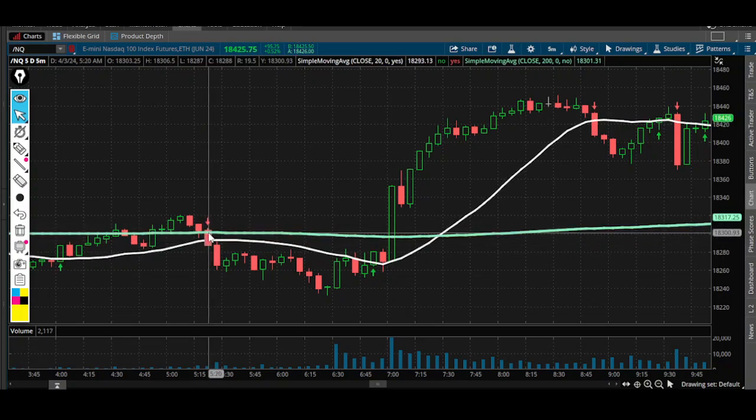So notice how we close below at 5:20 in the morning here, and we get the confirmation on the next candle. So your stop loss is above the reason why candle. Your reason why candle, just for definition and clarity, is the candle that closes below the 20 SMA or above the 20 SMA, depending on if you're going long or short.